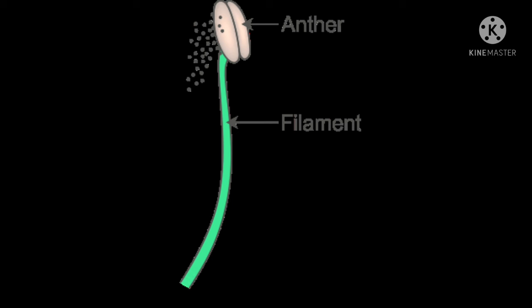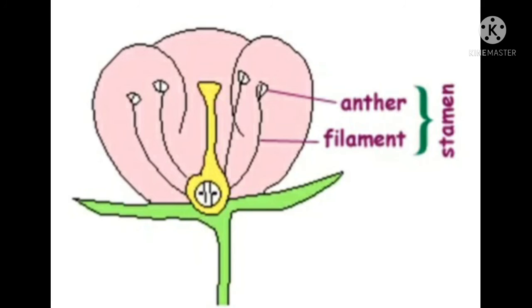When the walls of the anthers rupture after maturing, the pollen grains come out with the help of air and take part in the process of reproduction, and the first part is pollination. With the help of the filament, the male part or stamen is attached to the base of the flower.